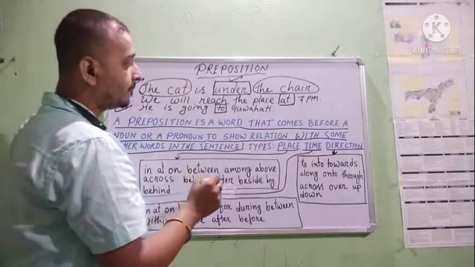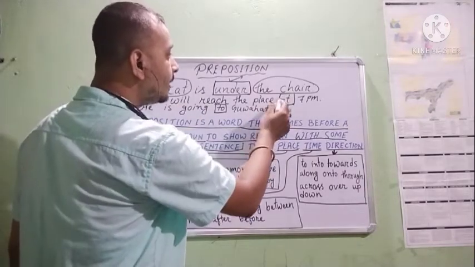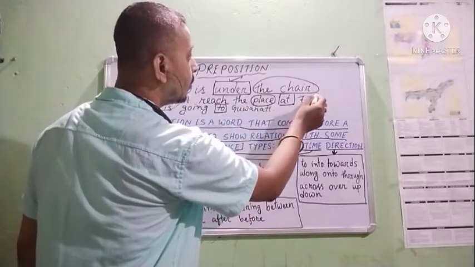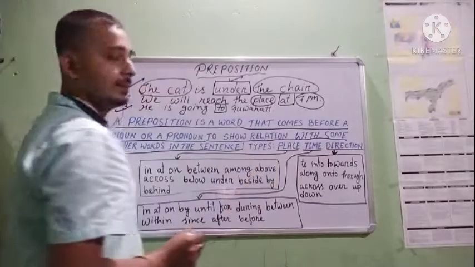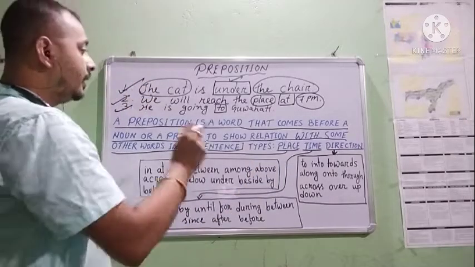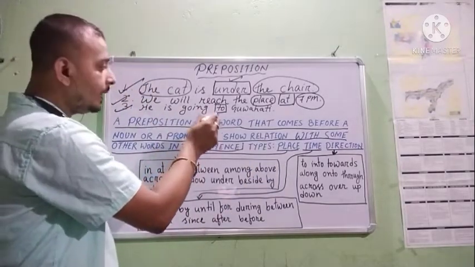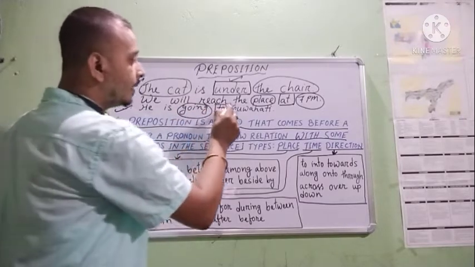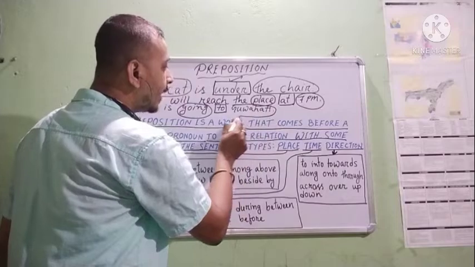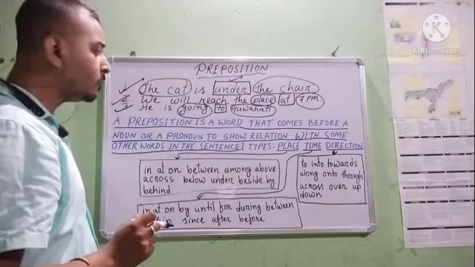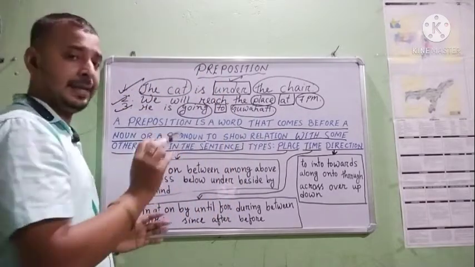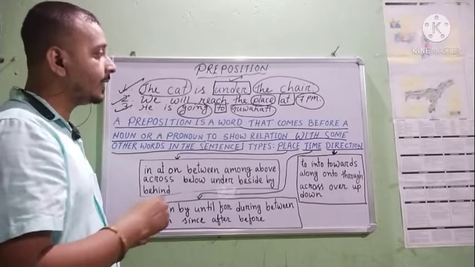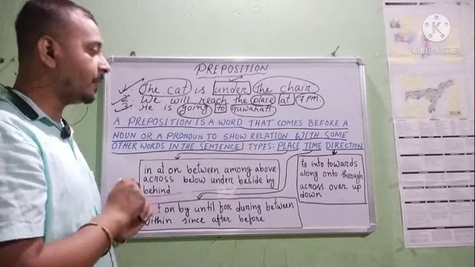In the next sentence, if we find at, it is maintaining the relation between the word place and 7 p.m. Next one, to, it is maintaining the relation between the verb going and the noun. So this is preposition. They maintain a relationship with the other words in the sentence and they come before a noun or a pronoun.